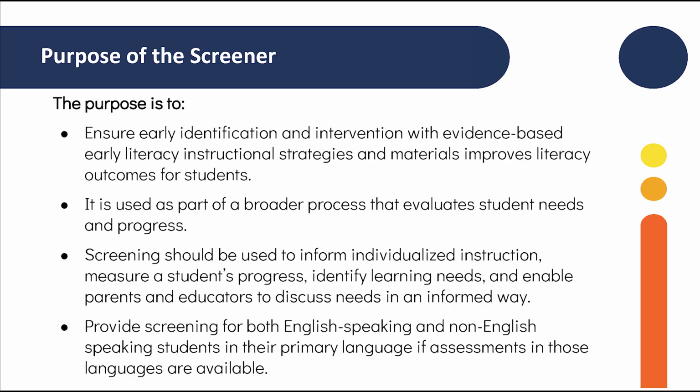It is to inform instruction, right? To measure a student's progress, identify the learning needs, and enable the educators to discuss the needs in an informed way, right? If they understand that in my class, 5 students have phonemic awareness deficits, I'm going to increase my phonemic awareness instruction universally for all students and just build in that capacity.